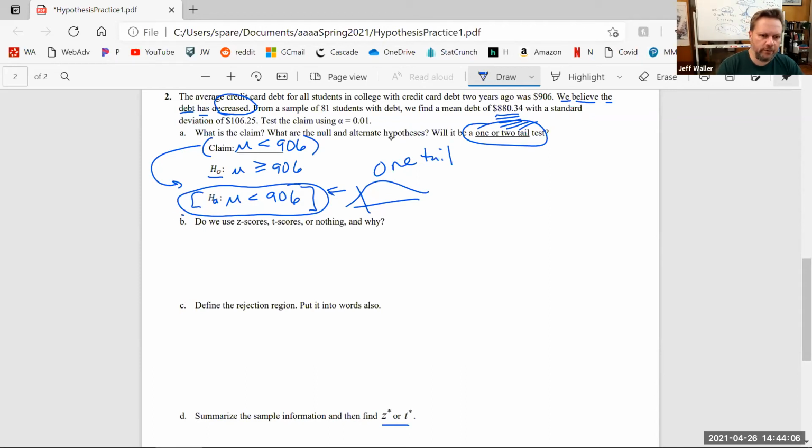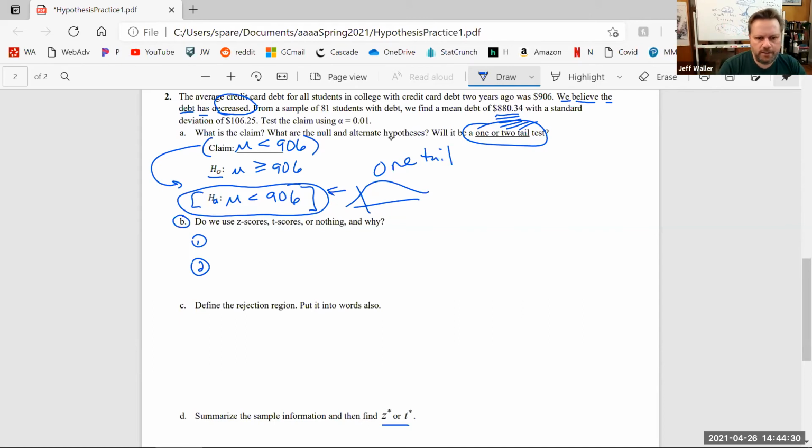Now, it basically gave away part B, but what are the two things we have to look at? Sample size and whether or not the standard deviation is known. Yeah, in this case, sample size, because it doesn't say anything about normality, but we have to show it's normal somehow.